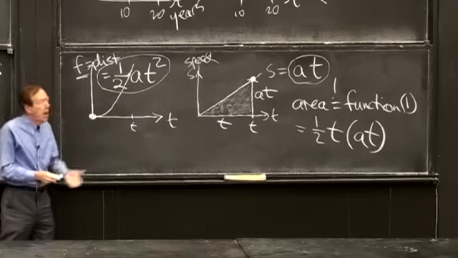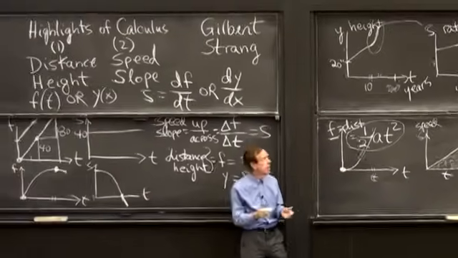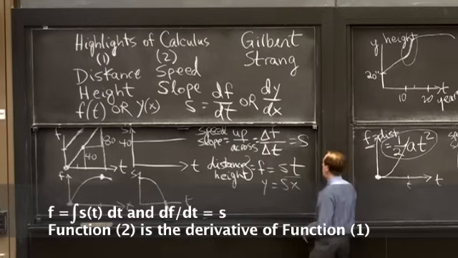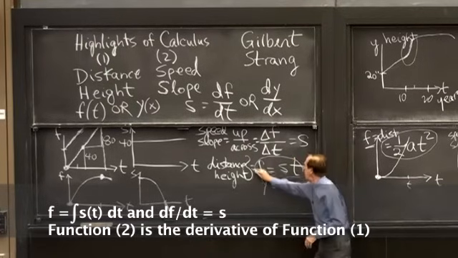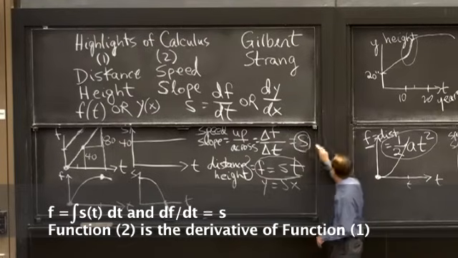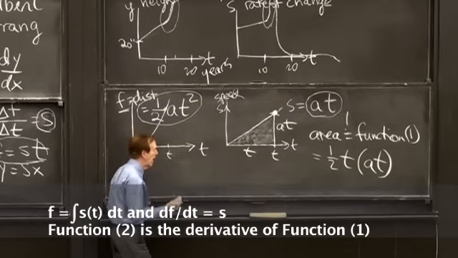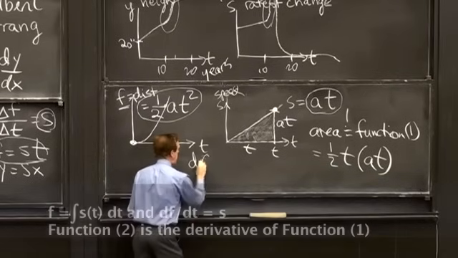Okay, so there you have the first, well, I'll say the second. The first pair of calculus was this one, F equal ST, and its derivative was S. Our second pair is F is this, and will you allow me to write dF dt?